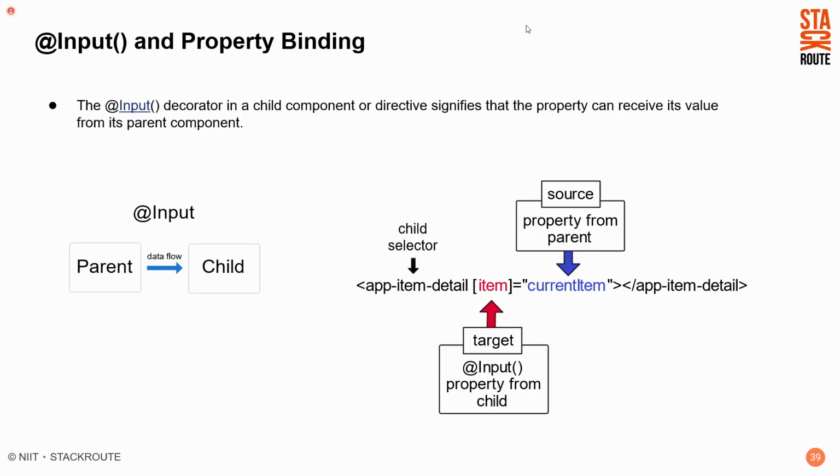I will repeat again. I have component 2 and component 3. Imagine component 2 is a parent component, and I want to send the data. As you remember property binding, I am sending the data. Please look into the diagram. From parent to child, I am sending the data property, and that can be captured in my child with the help of the @Input decorator.